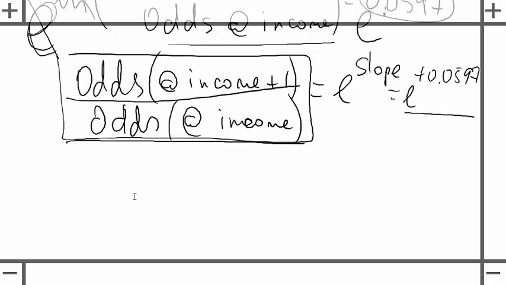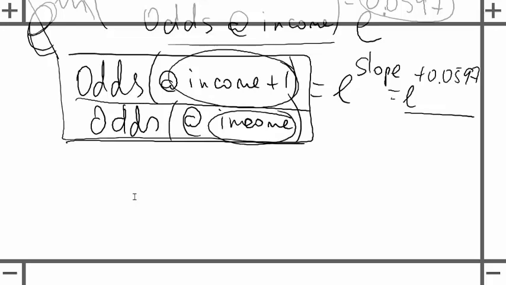What do you think? Because it corresponds to the variable plus 1 divided by the variable before it was increased by 1. So I add $1,000 to income, and that's the ratio that I calculate: what are the odds at the increased income level compared to the old one before the raise? That's why it's called unit odds ratio.